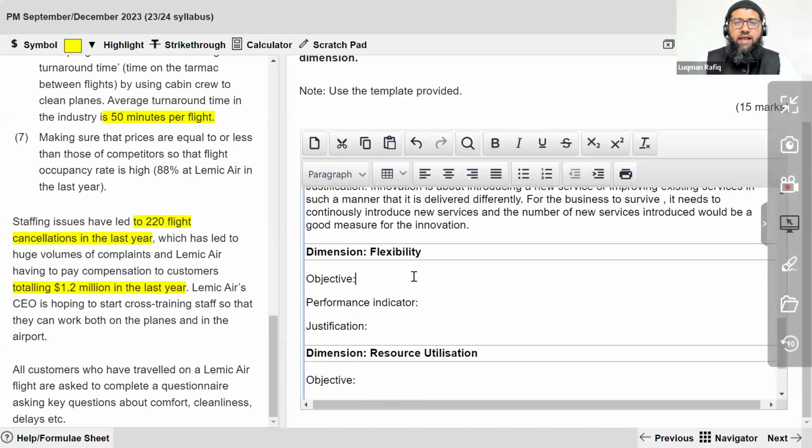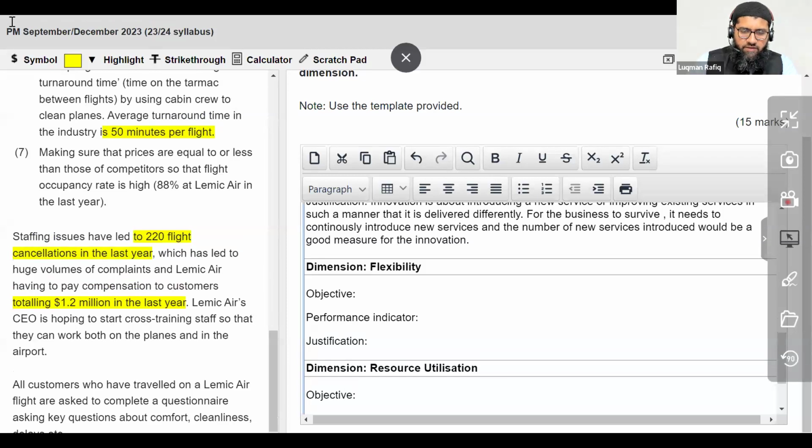Then you have got the flexibility. Okay, what could be the measure for flexibility here? Staff training. Okay, yes.